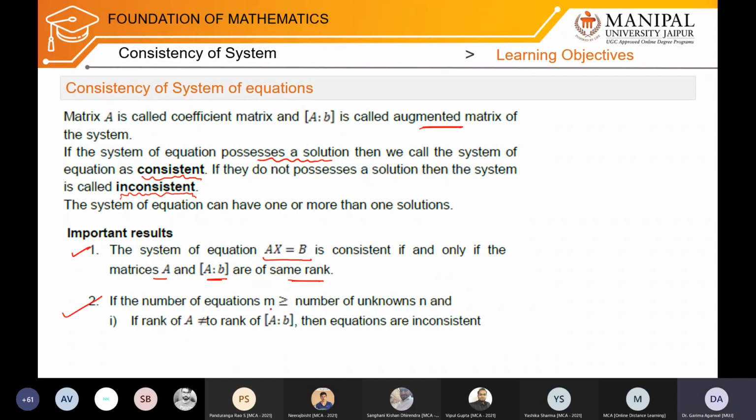If the number of equations m is greater than the number of unknowns and rank of A is not equal to rank of augmented matrix, then system of equations is inconsistent. That means in that case we don't have any solution.